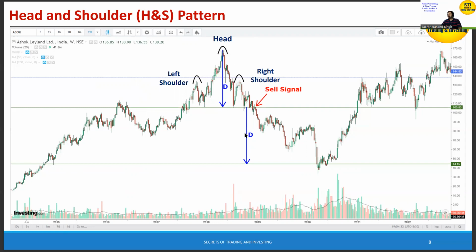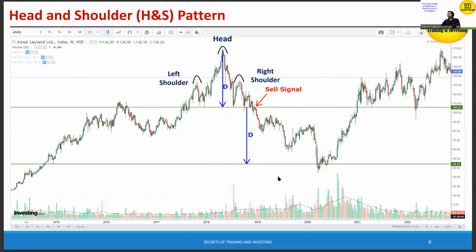In general, whenever you find such a formation and the neckline support breaks, the target is equal to this depth. If somebody is entering here, you can take the same distance again and mark the support line at the bottom, and whenever you hit the target, you can easily take a decision to exit from the market.